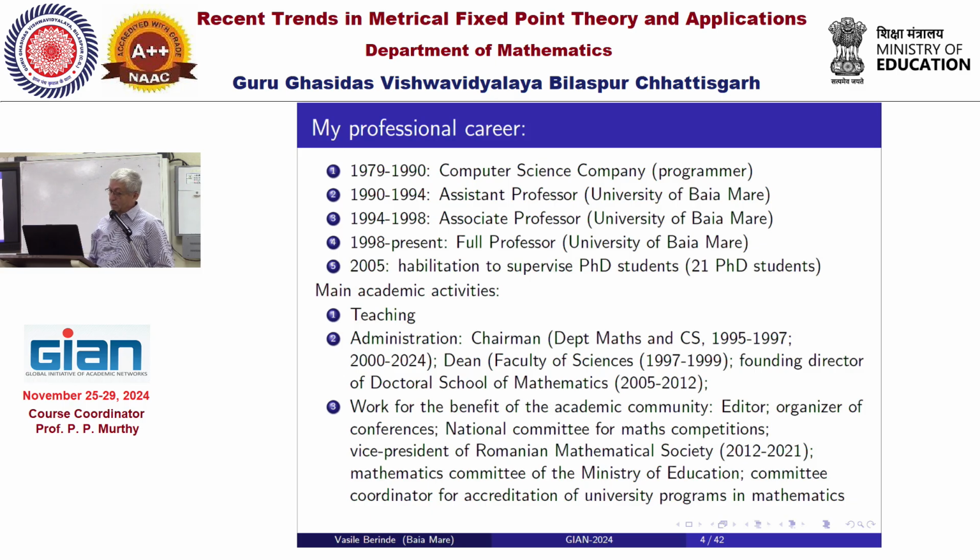I was the chair of this committee for a term, and now I keep the position of coordinator of the committee for accreditation of university programs in mathematics, bachelor, master, and PhD, because we have accreditation of all these programs every 5 years, so it's a periodic function.